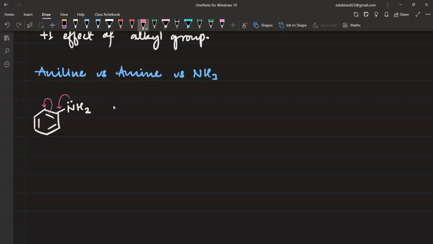And you can easily see that the electron pair that was responsible for the basic nature is involved in resonance. It is delocalized, it is not in one place. So this electron pair is no longer available for the donation of electrons, available to show the basic nature.